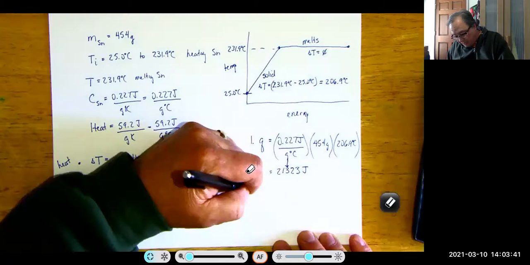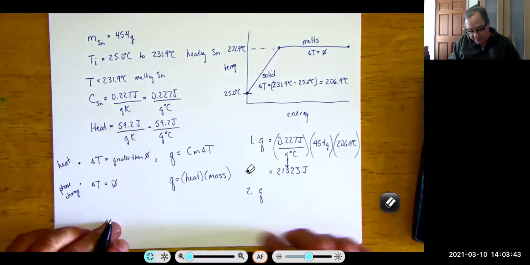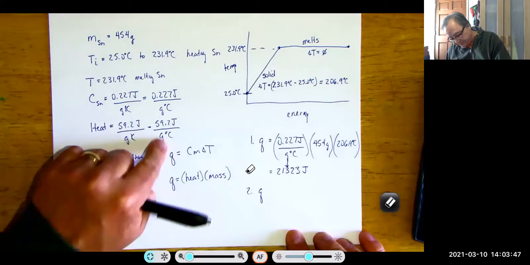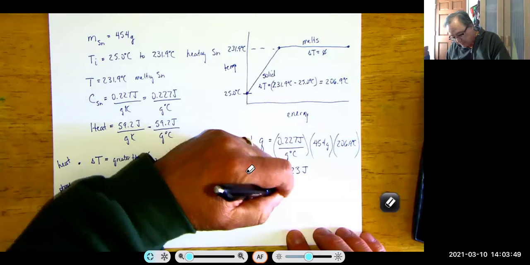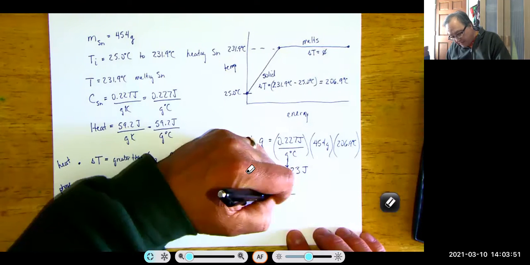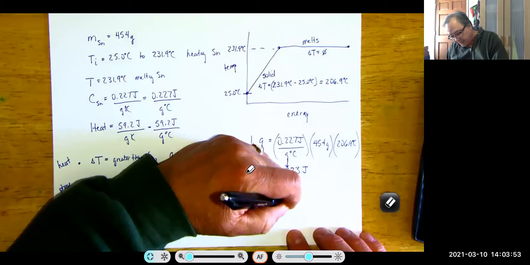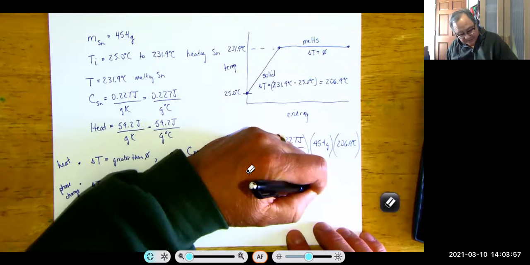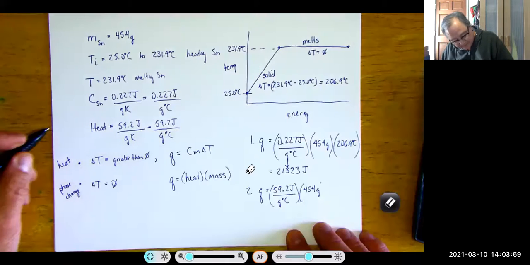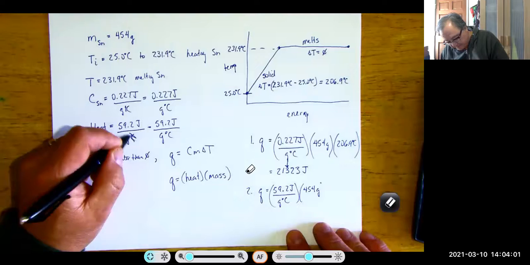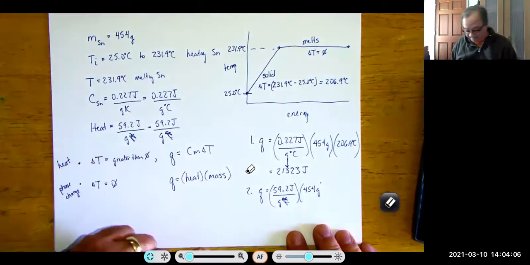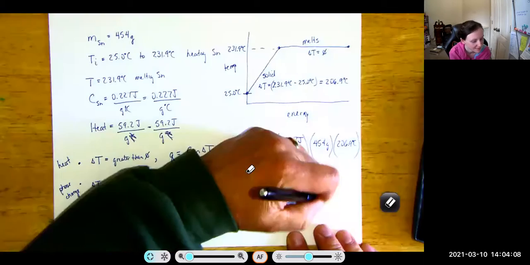The second part would be Q here, which is going to be 59.2 joules per gram times 454 grams. Oh, and I made a mistake. I added that and it's not there. That was my question with this problem.